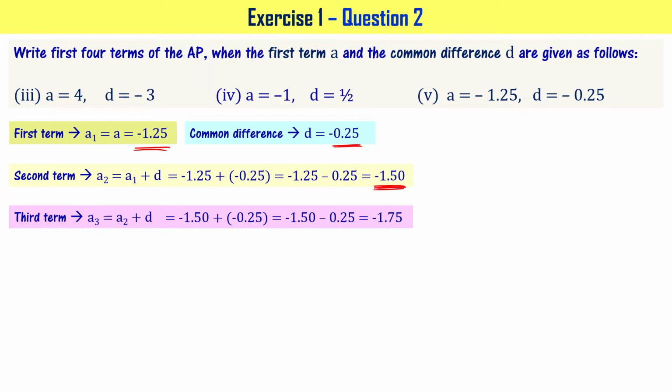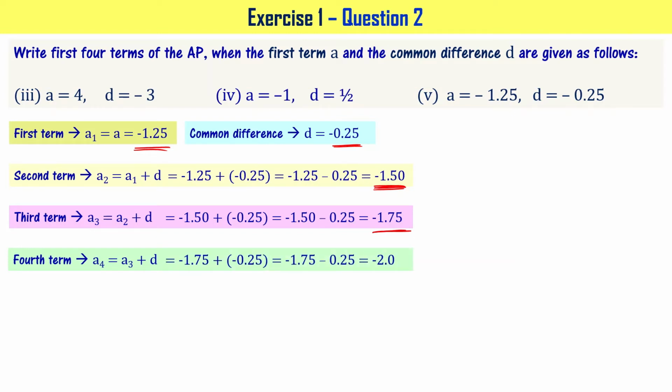When you add, what you get is minus 1.75. Right? The fourth term is going to be A3 plus D, that is minus 1.75 minus 0.25, that is equal to minus 2.0. Right? So to answer the question, the first 4 terms of the given arithmetic progression are minus 1.25, minus 1.50, minus 1.75 and minus 2. Got it?